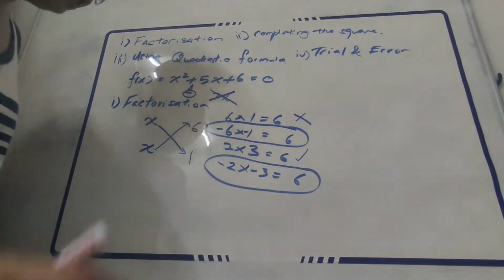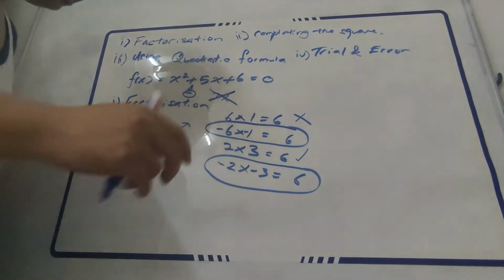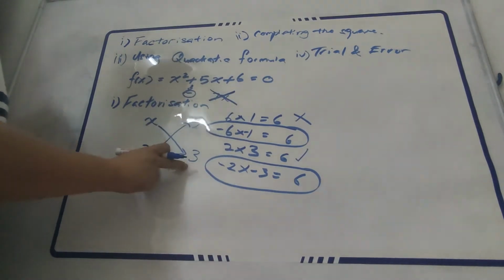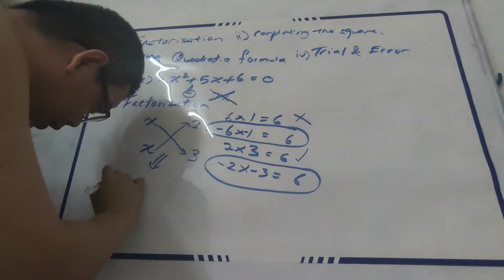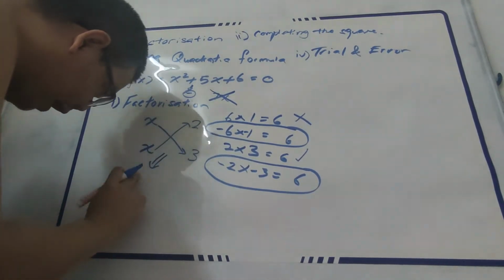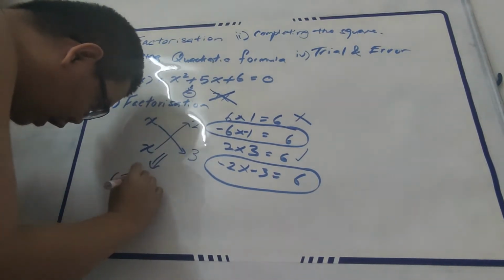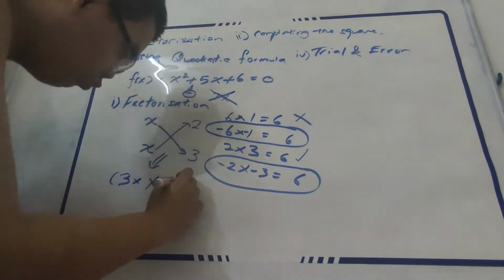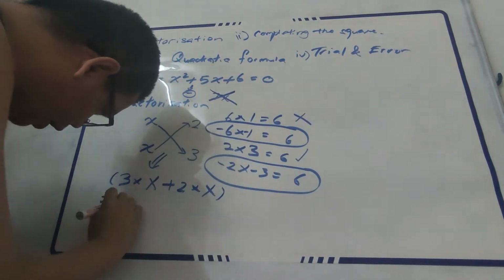Okay, another one is 2, 3. So x plus 2, x plus 3: x times 3 plus 2 times x, so you will have 5x.